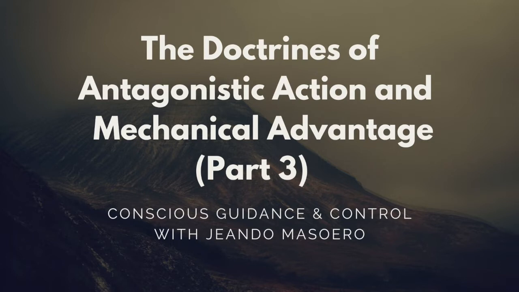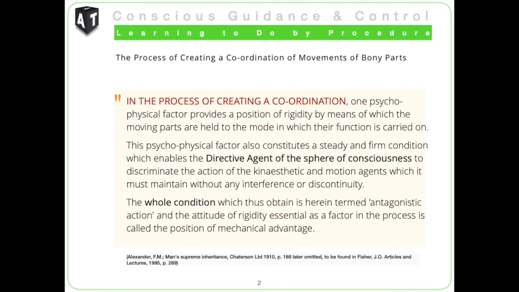So I'm going to share my screen so that you can see, it all starts with this sentence: in the process of creating a coordination. So when you look at this image, you think that there is a psychological factor. And what is a psychological factor?